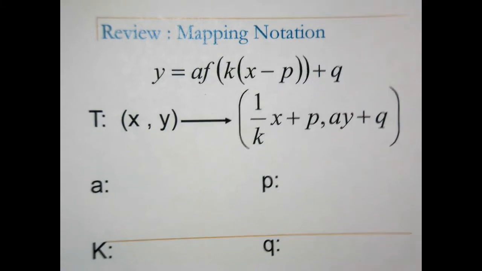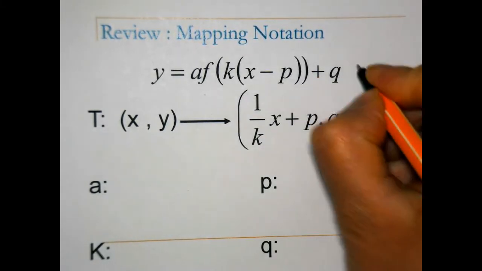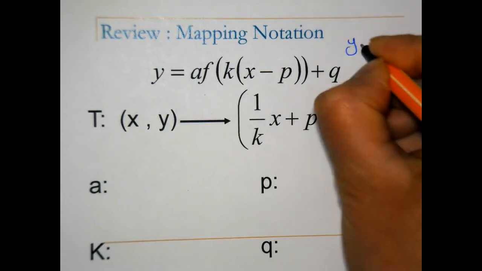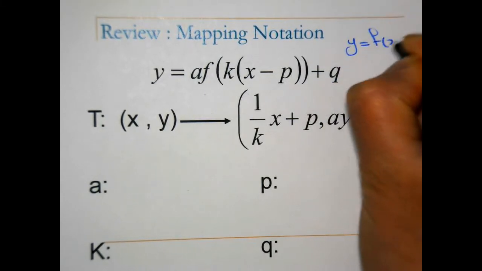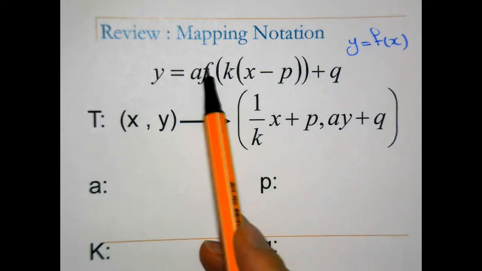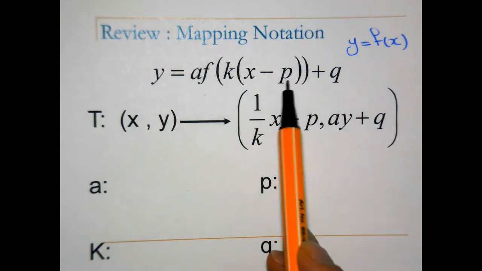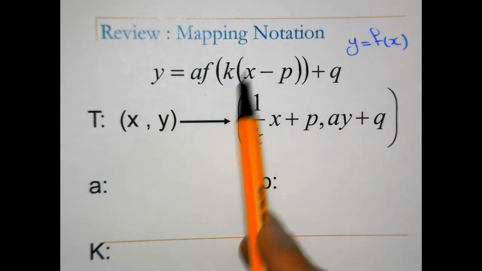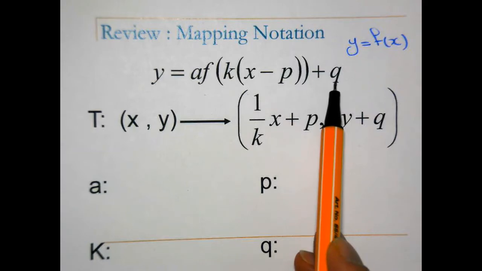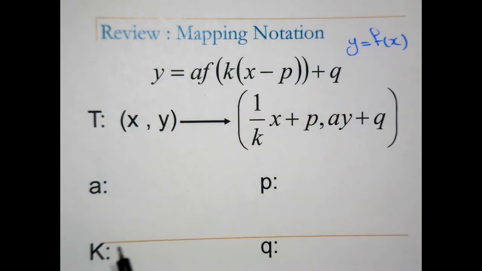Now, if you remember from our previous unit, in unit 1, if we have a basic function y equals f of x, and it goes through a series of transformations, we had a, the factor, a number being multiplied by the function, then we had the p and k which worked on our x values, and q which was a number being added to this function.